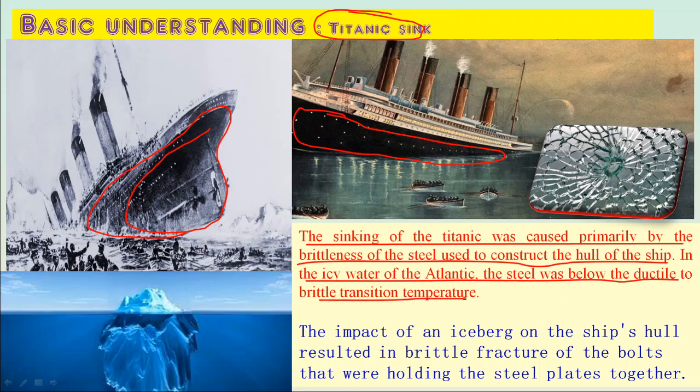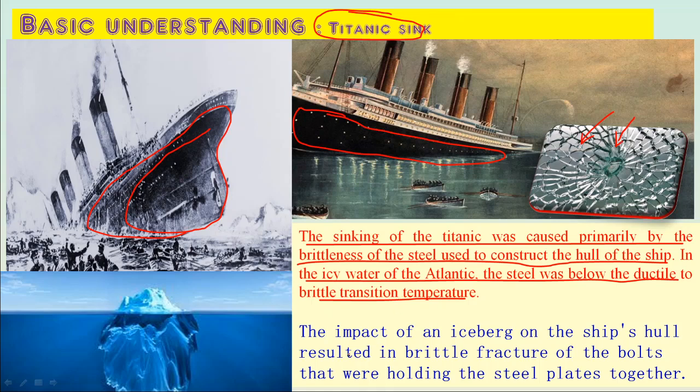There is a ductile to brittle transition when a material goes from ductile to very brittle, like glass. See here, this is brittle glass. By sudden impact it can break in pieces. So at lower temperatures the material becomes like this glass, and with any impact the material ruptures and breaks in pieces.